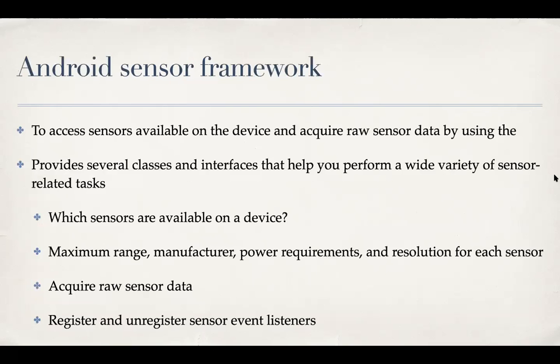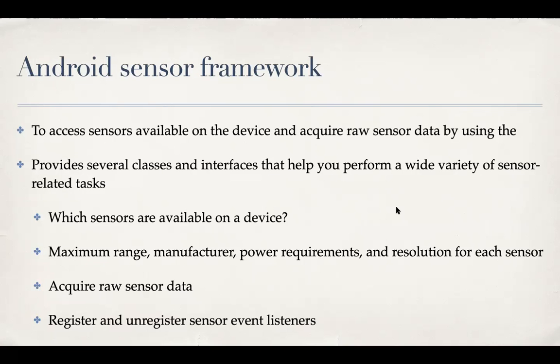Right. So the Android sensor framework allows the developer to access sensors that are available on the device and also acquire raw sensor data. It provides several classes and interfaces that we'll use in this slide set to perform a wide range of tasks that are specific to sensors.